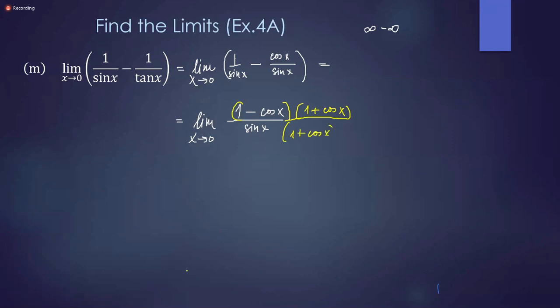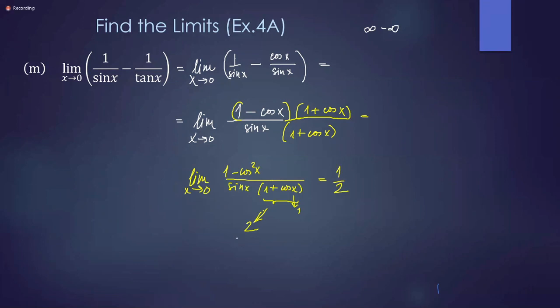So we have limit x tends to 0, 1 minus cosine square x divided by sine x, 1 plus cosine x. Just remember that 1 plus cosine x tends to 2, because cosine actually approaches 1, so the whole parenthesis tends to 2. I can take 2, but below the line, of course, from the denominator, I can take it in front of the limit.